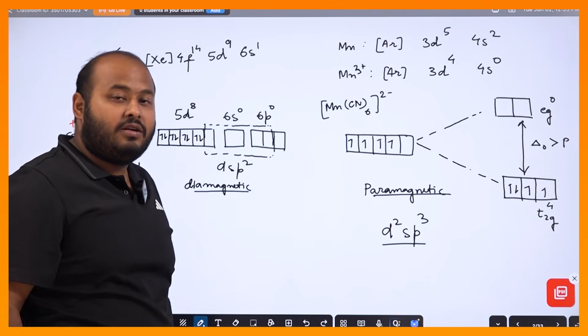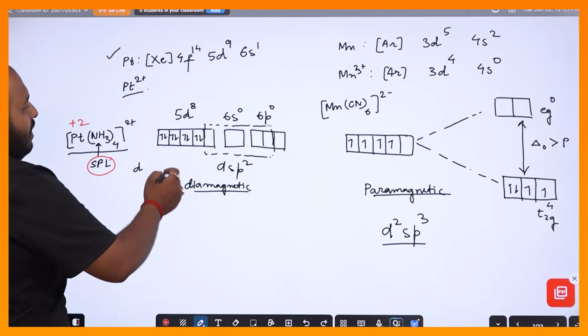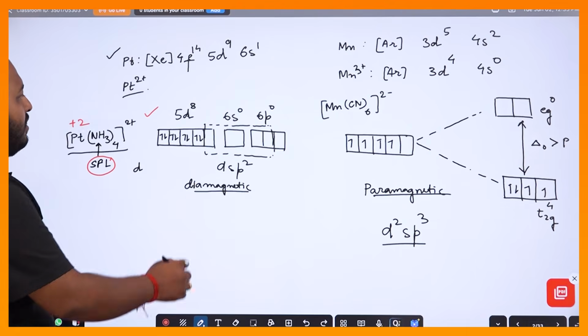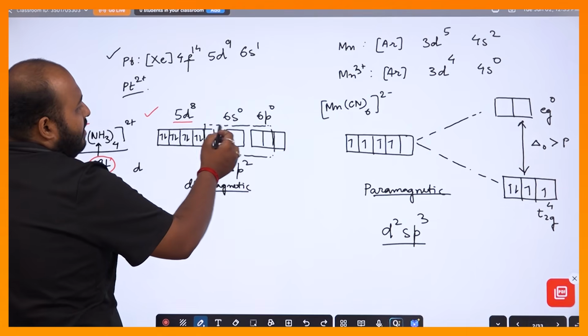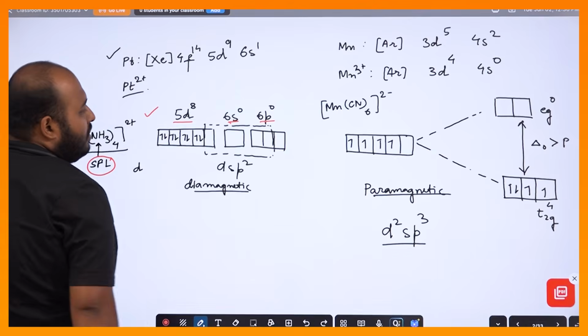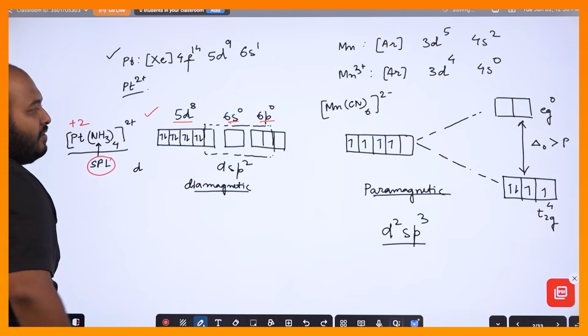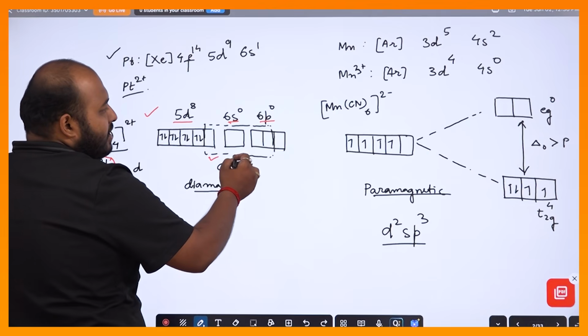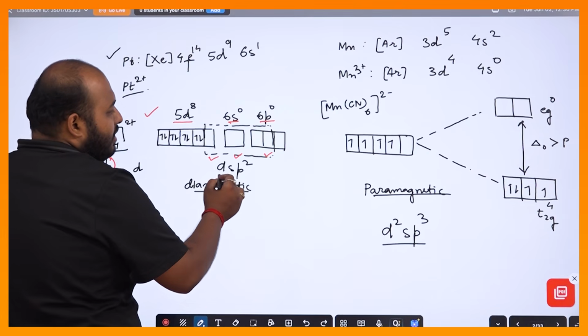It is a strong field ligand, remember. So if we do the configuration here, we see that it is 5d8 6s0 and 6p0, and after the pairing of the electrons we are left with an incomplete d, s, 6s and 2 6p's are taken.